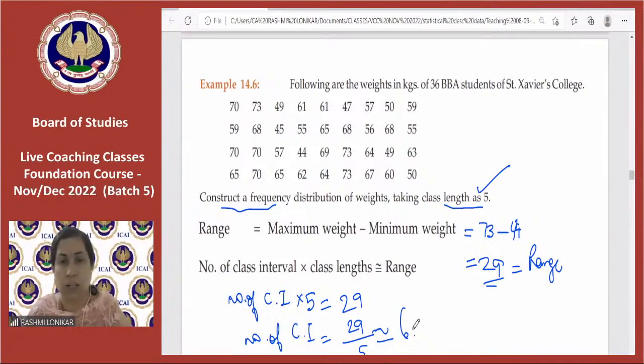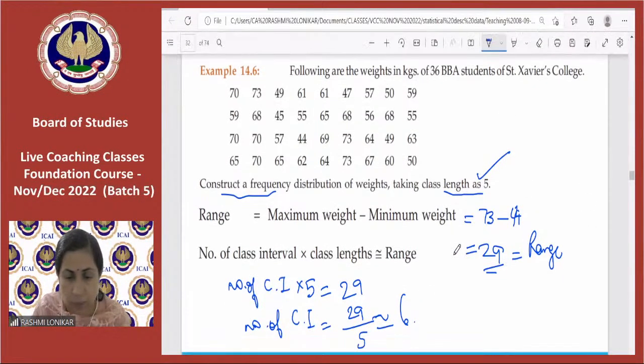So how many class intervals will you have? 6 class intervals, and of size 5. Class length is 5. Okay. So clear up till now? Now.